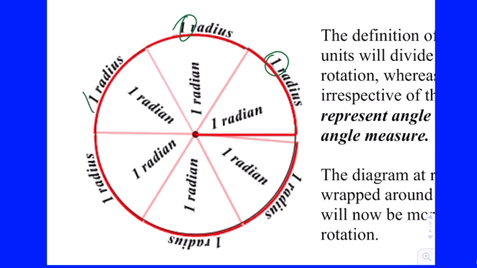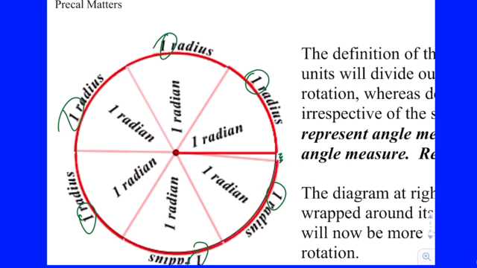There's 1, 2, 3, 4, 5, 6 of them, plus a little bit left over. We want to then figure out a conversion between degrees and radians. So it would appear that one rotation is about 6 point something radians.